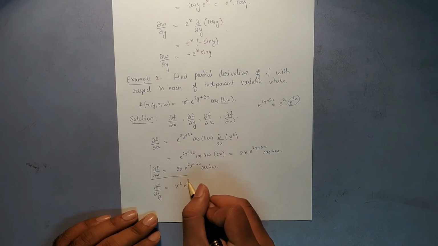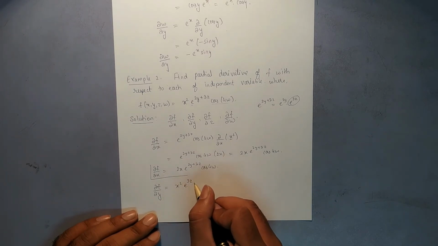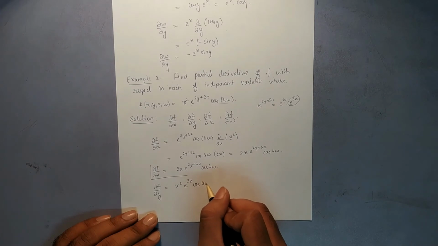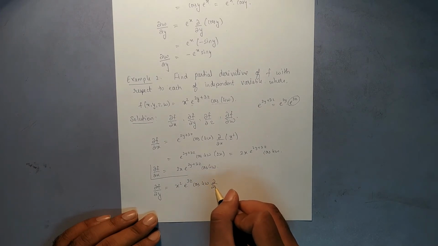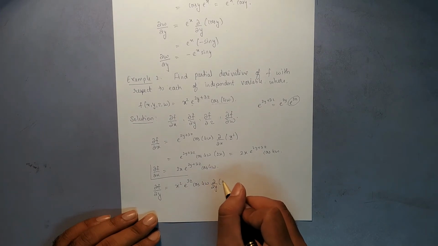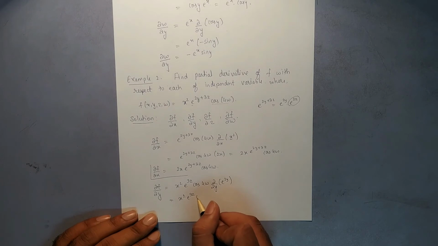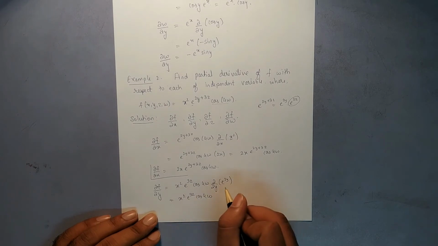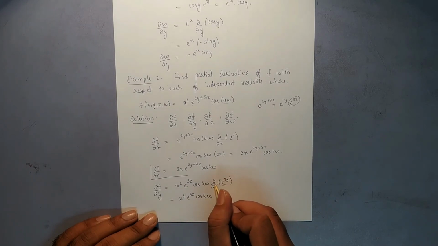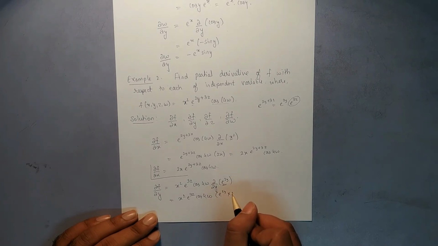So x square e raised to 3z cos of 4w, and we just differentiate e raised to 2y with respect to y. The derivative of e raised to 2y with respect to y is e raised to 2y into 2.